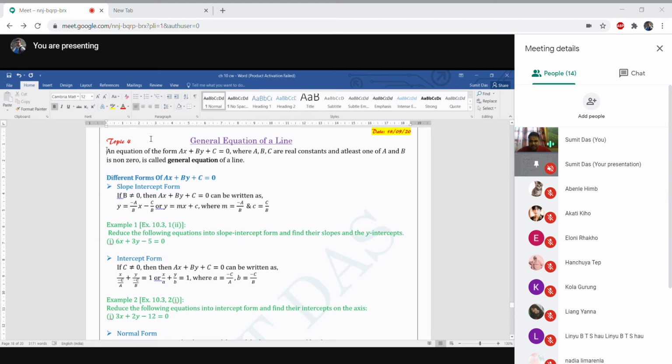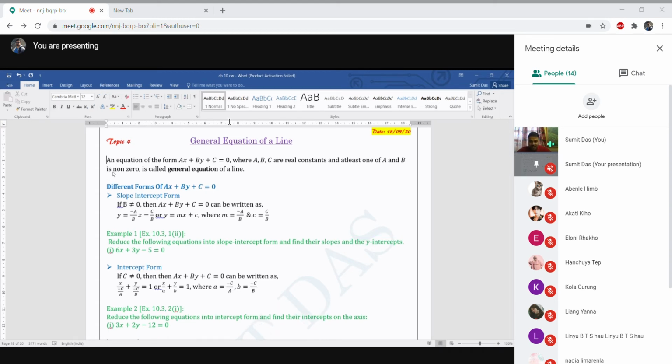Basically, this equation is called the general equation of a straight line.